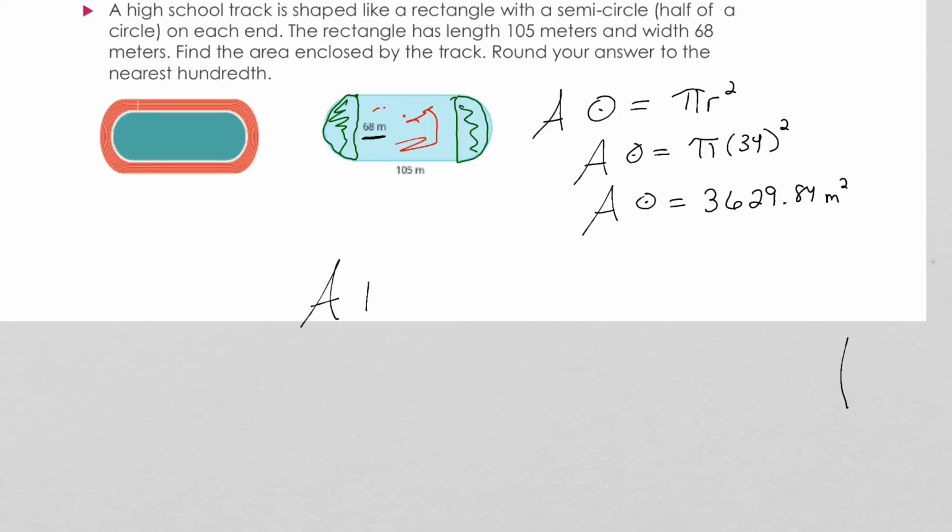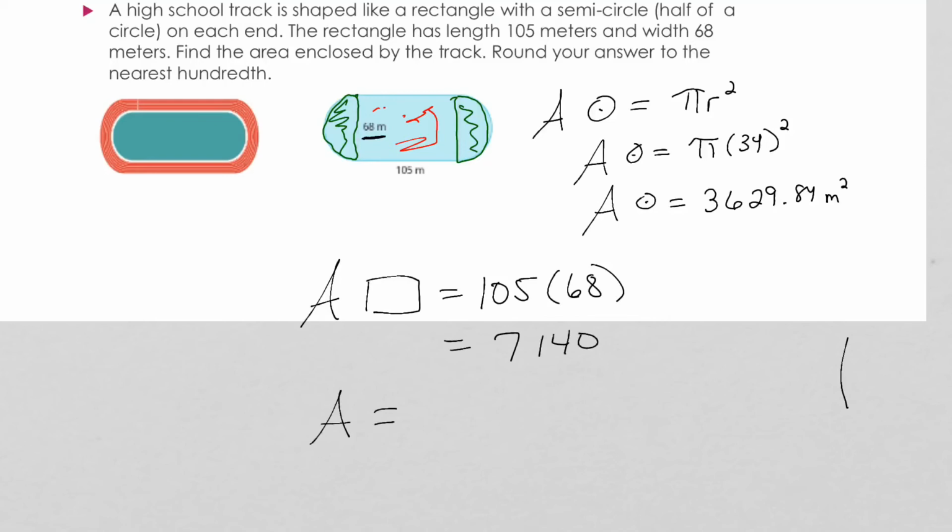So the area of the rectangle is 105 times 68. So I get 7,140.